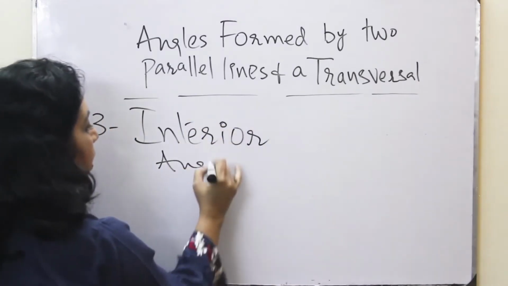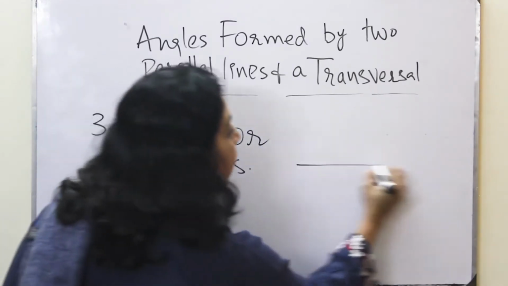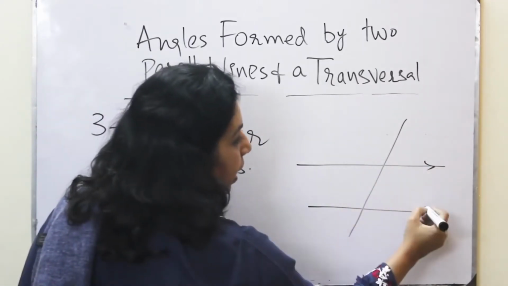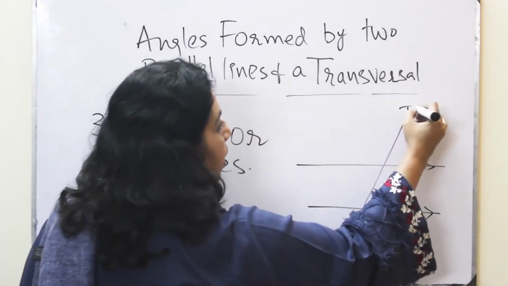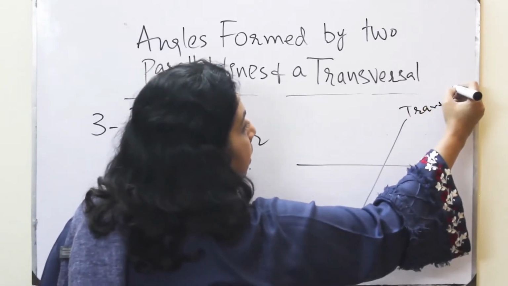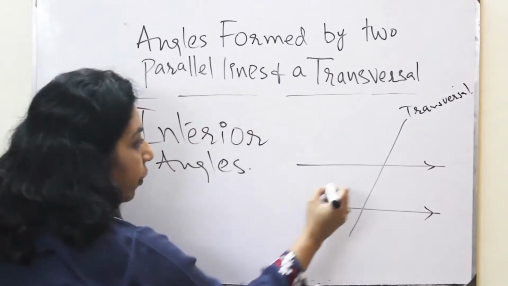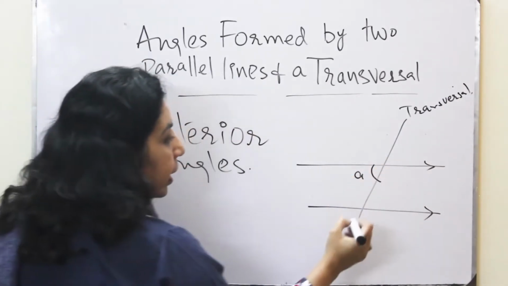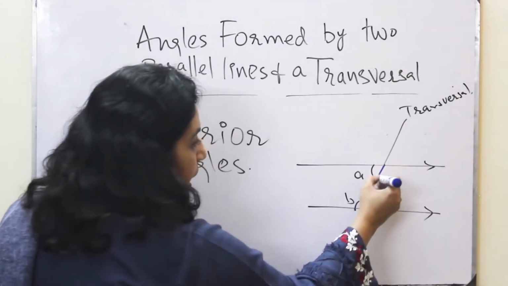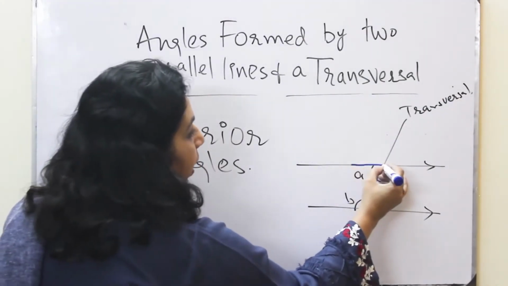It is also clear from its name. Interior angles are inside, on the same side. If these are parallel lines, this is the transversal, the line which is cutting the parallel lines. If we have one angle here, the other angle is on the same side, one ray and the other ray on the parallel line on the left side.